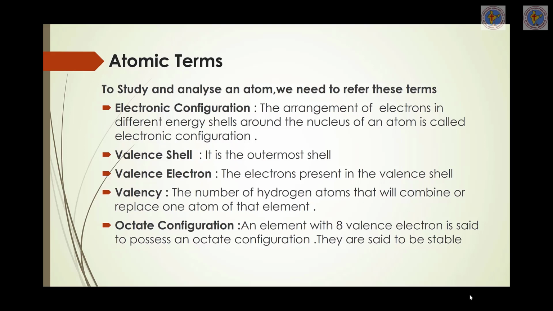The electrons present in the valence shell are called valence electrons. Valency. The number of hydrogen atoms that will combine with or replace one atom of hydrogen is called valency. Octet configuration. An element with 8 valence electrons is said to possess an octet configuration. They are said to be stable.